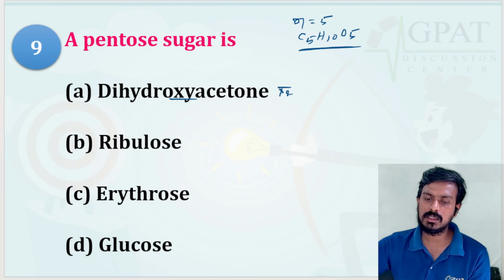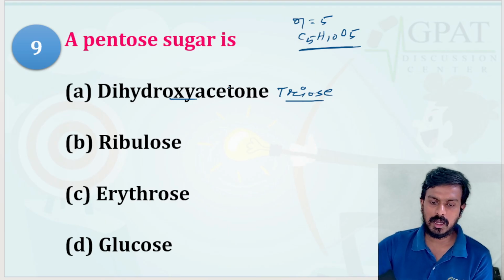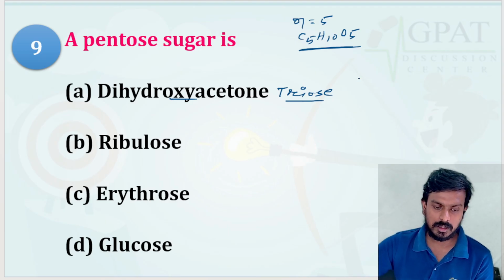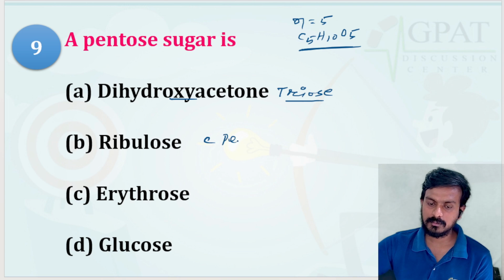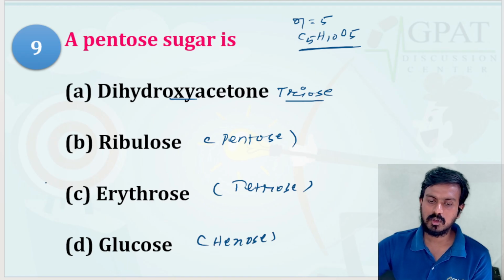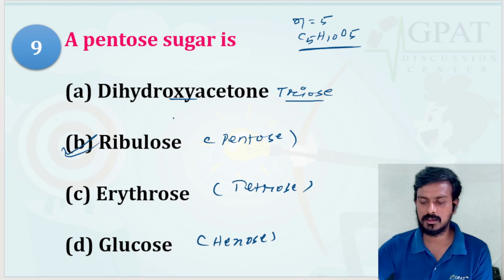This is a triose. Ribose and ribulose, what are they? They are your pentose sugars. Erythrose is a tetrose. Glucose is a hexose. So option B is the correct answer.